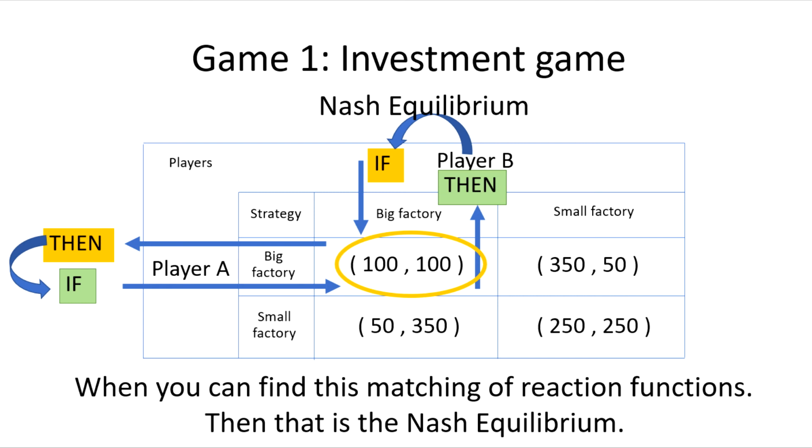This is why the choice of small factory and small factory, which may yield higher payoffs, will not be chosen, because it is not the equilibrium of the game. It is better in terms of payoffs, but it is not chosen by player A and player B. Therefore, it is not possible for this choice to happen.